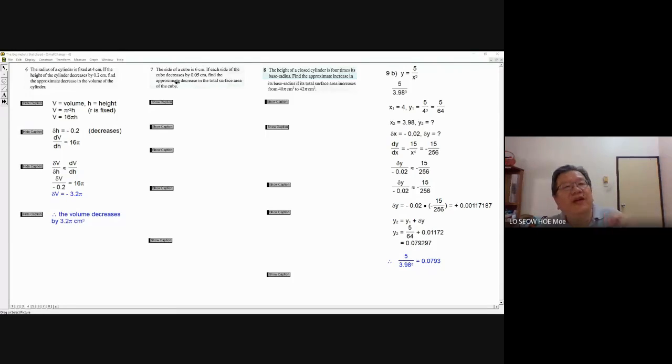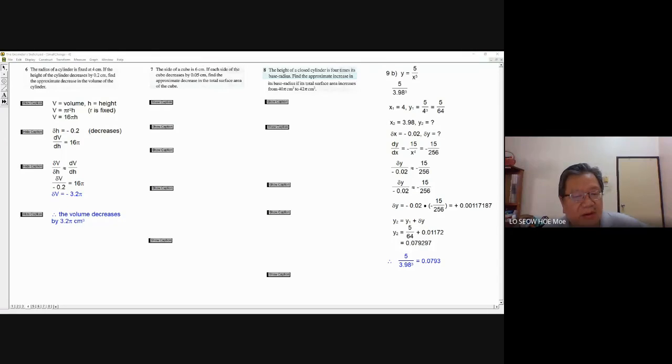Now, did they ask for the approximate value of the surface area, or the approximate decrease? They ask for the approximate decrease, not the approximate surface area. If approximate area, what type of question is this? If approximate decrease, what type of question is this?